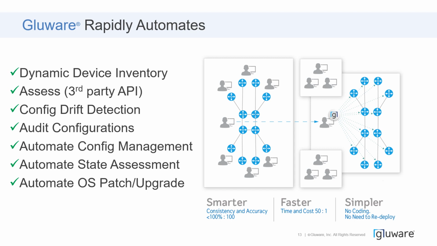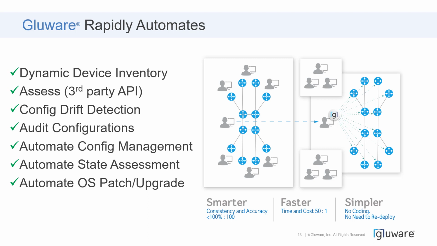With Drift and Audit, we perform the drift detection to highlight anything that's changed within a configuration, as well as audit configurations for standards, company-based policy, and those ad hoc audits that are extremely helpful when trying to assess something happening on your network. Finally, Gluware automates the configuration management.